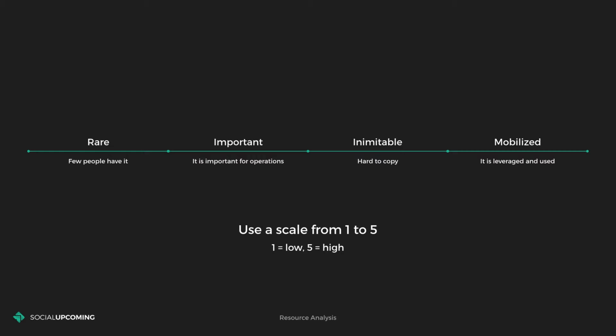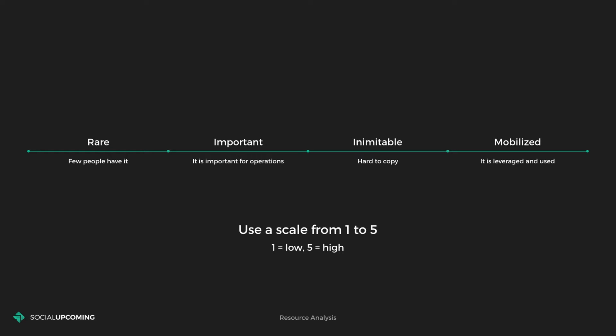When you look for resources or analyze your current situation, and you can also analyze your competition's situation with these four factors, you want to use it to get an overview of how you stand compared to others.